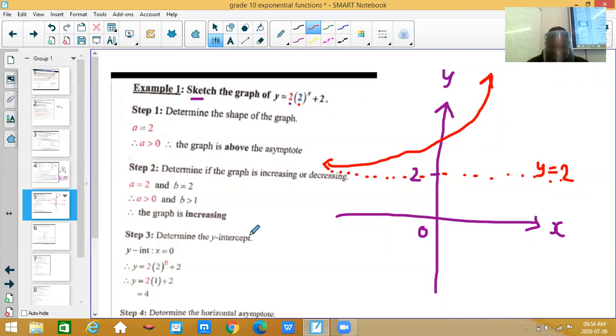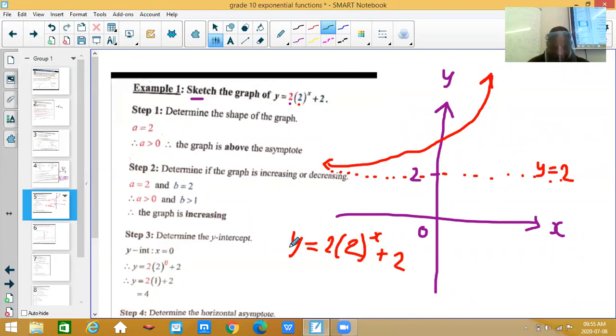Step number 3, determine the y-intercept. On the y-intercept, take note we have y = 2 × 2^x + 2. When you are determining the y-intercept, what is the value of x? 0. So in the position of x, you plug in 0.